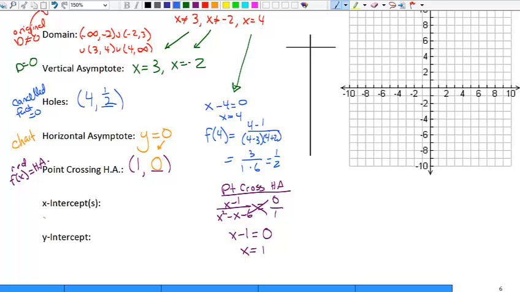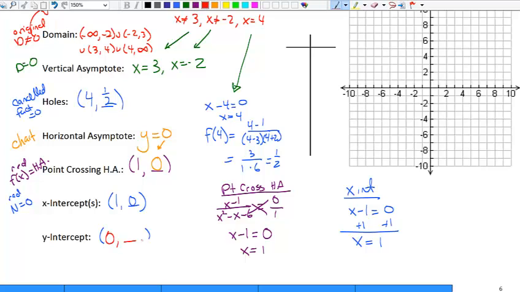Next, to get the x-intercept, I'm just going to set my numerator equal to 0. Again, that's the reduced form. So my reduced numerator is x minus 1. If the numerator is equal to 0, then the whole equation is equal to 0 no matter what the bottom is. So I have 1 comma 0. The y-intercept is always 0 comma some value.